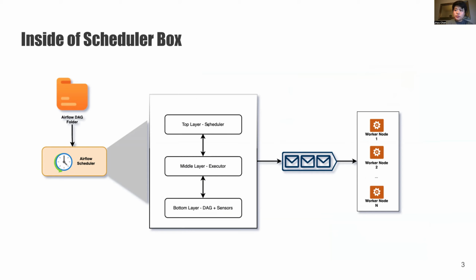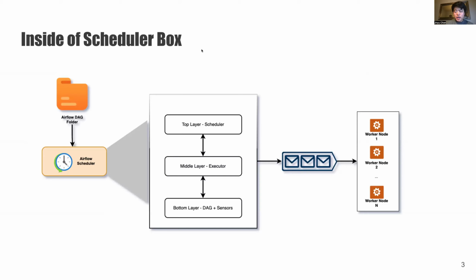Inside of the Airflow scheduler, we have three kinds of components. The top one is the scheduler, the middle one is the executor, and the bottom one is the DAGs plus sensors. A DAG is a large box representing the entire workflow, which contains multiple tasks, including sensors.